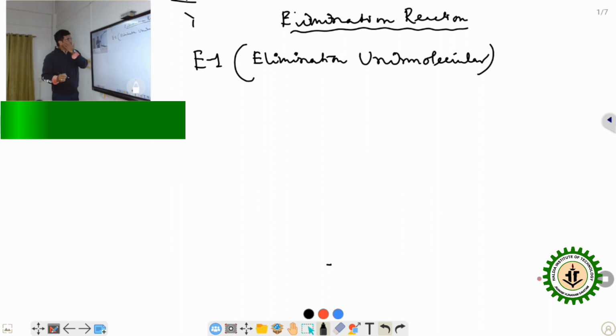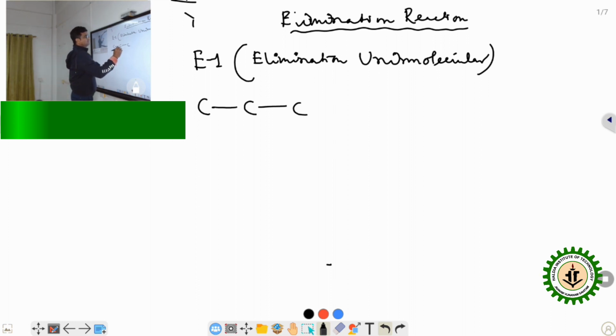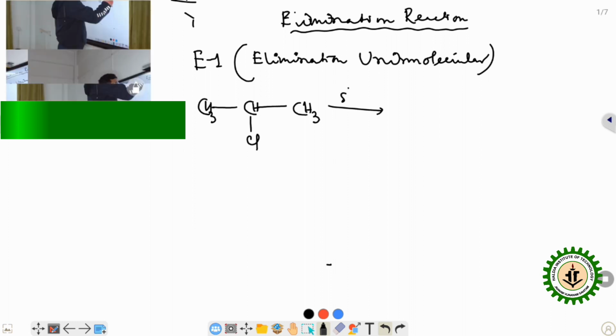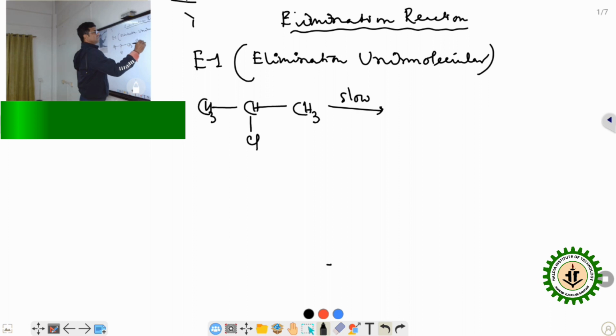So I will show you a specific example so that it will be understood clearly. Say particularly if I give you this example, 2-chloropropane. This reaction leads to the formation of carbocation.